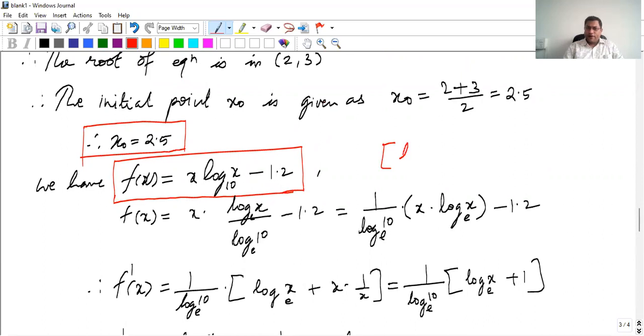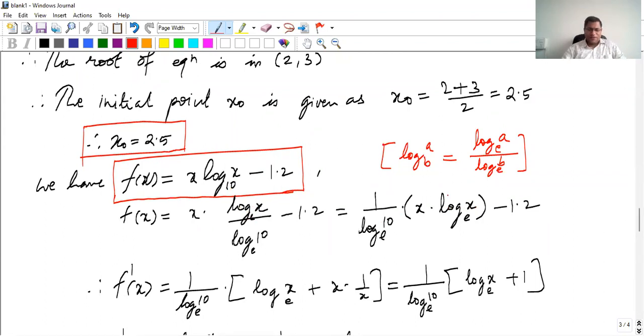And what we know is log of a to the base b is log of a to the natural base over log of b to the natural base. So this way, this decimal base was converted to the natural base, and then we have taken the derivative.